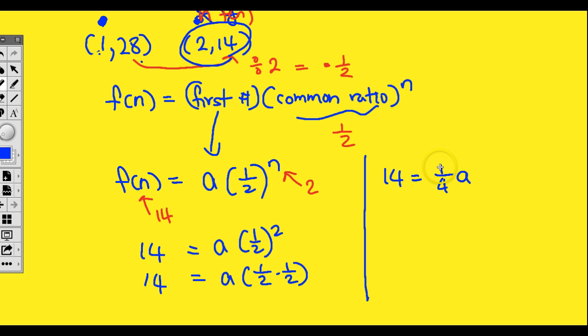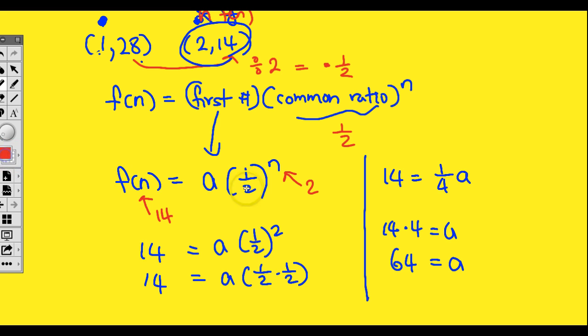This is kind of like a divided by 4. So to find out what a is equal to, we have to multiply 4 to both sides. So a is now equal to 14 times 4. And that gives me 64.